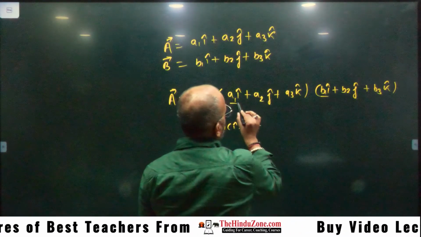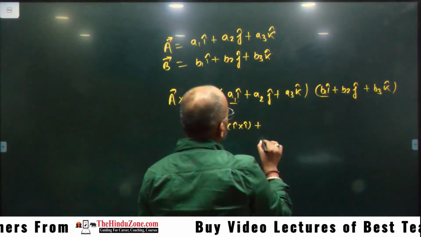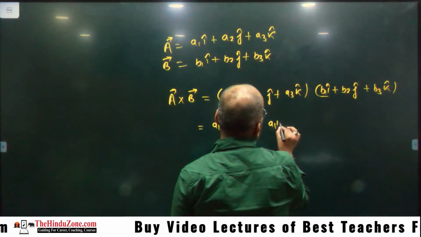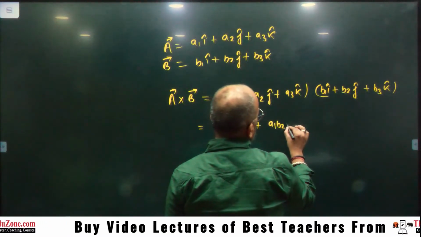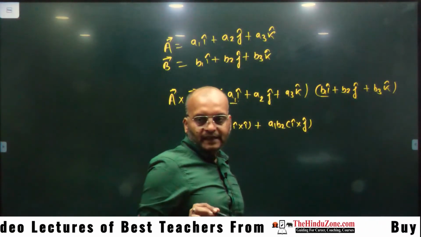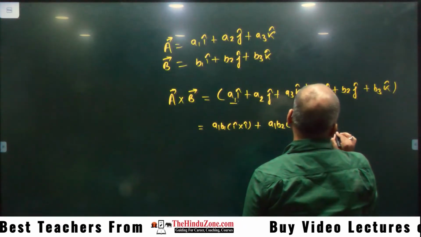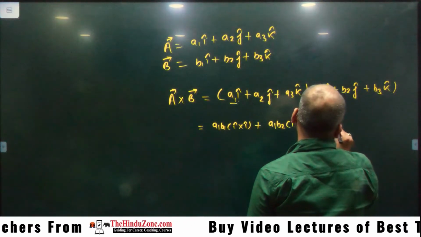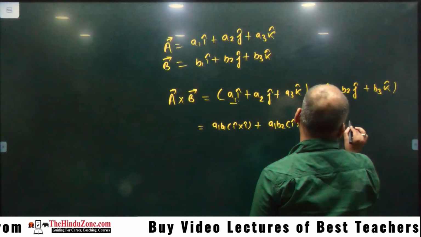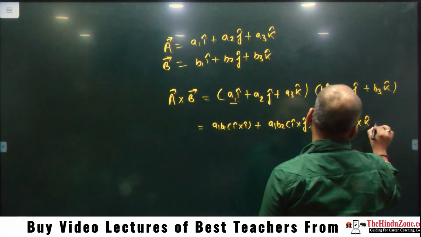Plus A1 I cap and B2 J cap, so A1 B2 and I cross J. Plus A1 I cap and B3 K cap, so A1 B3 and I cross K.